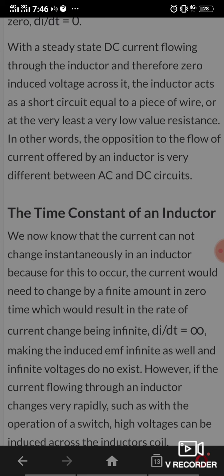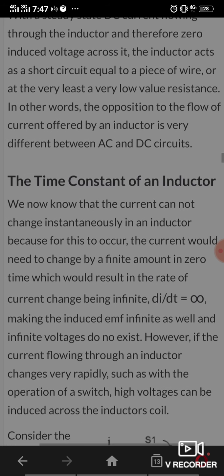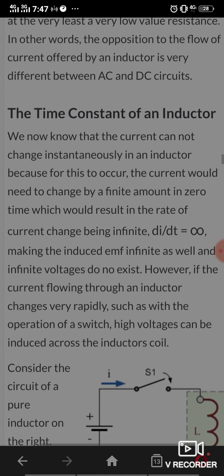However, if the current flowing through an inductor changes very rapidly, such as with the operation of a switch, a high voltage can be induced across the inductor coil.